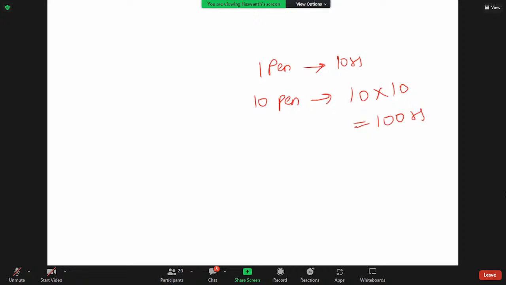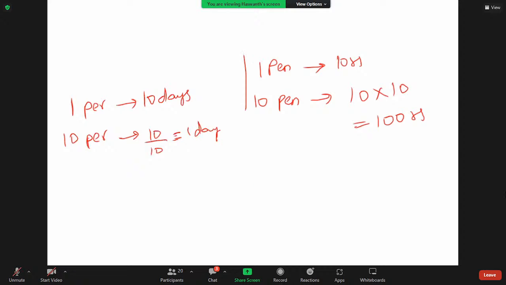Similarly, if one person takes 10 days to complete a work, for 10 persons, here we divide 10 by 10, we say 1 day. So whenever you are using these unitary relations, you have to find out from one for other numbers, or from other numbers you have to arrive at one, like what one pen will cost, or how many days one person will take.